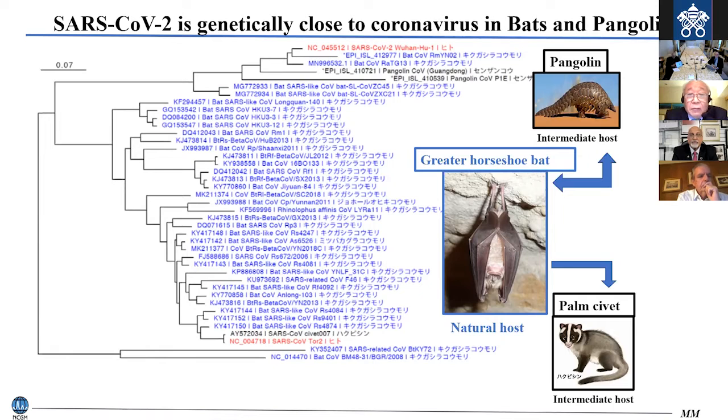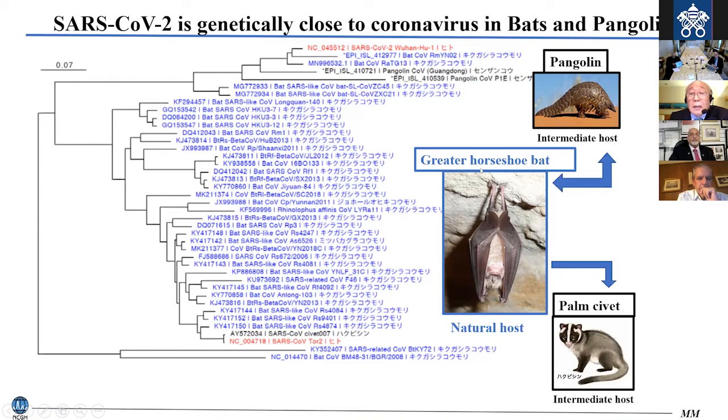This is a phylogenetic analysis of SARS-CoV-2 using molecular evolutionary techniques. As you can see here, this is the start point, which divides into 2 groups, and each of those divides further into groups. There are many bats reported as hosts.